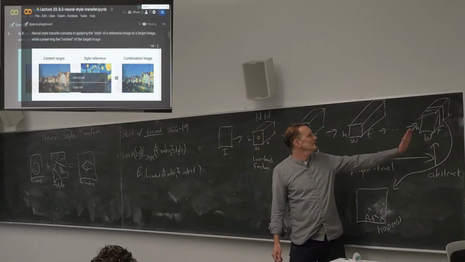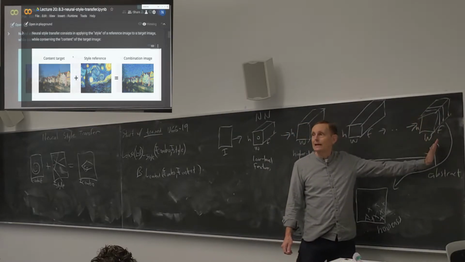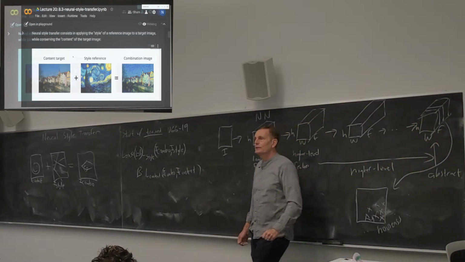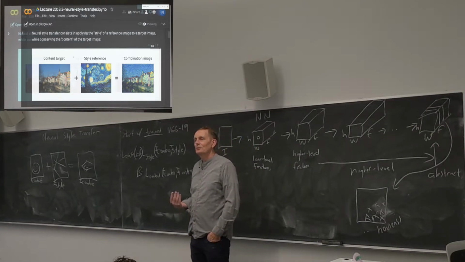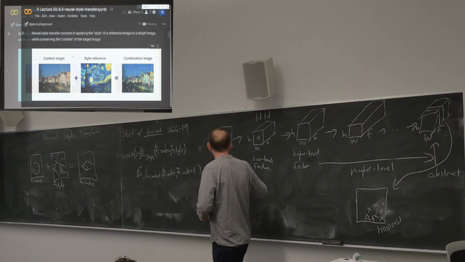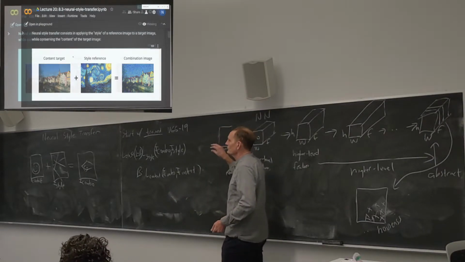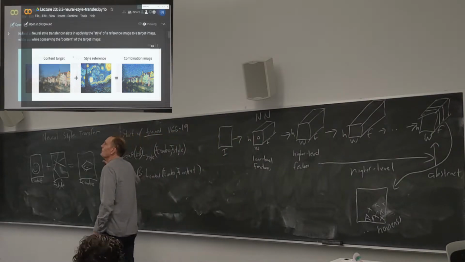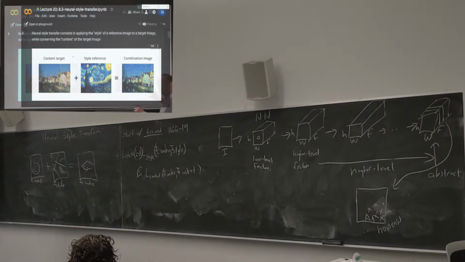So my claim is the last layer, the last convolutional layer, is a good place to be looking at content. It's not as directly located in the picture as earlier, right?